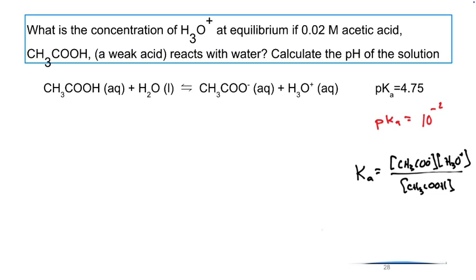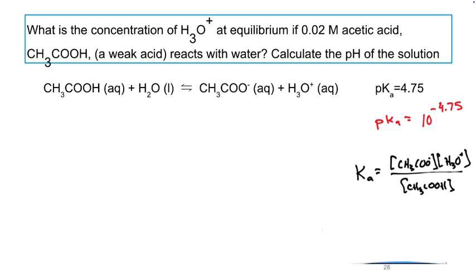So 10 to the negative 4.75. So that would get us our Ka. So that's useful. Do we know the concentration of H+? That hopefully would have been an easy answer of no, because that's what we're trying to solve for, right? We definitely don't know the concentration of that.